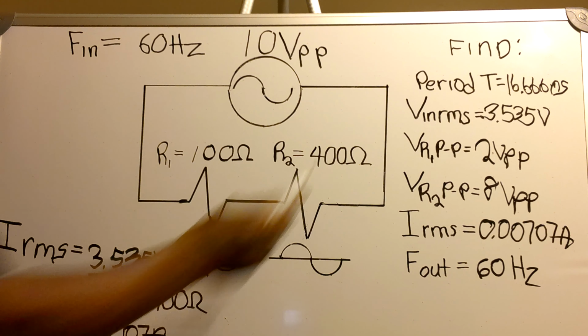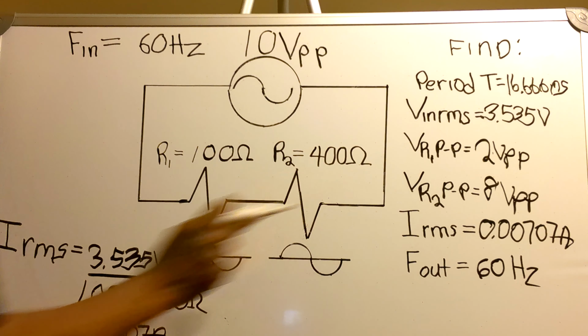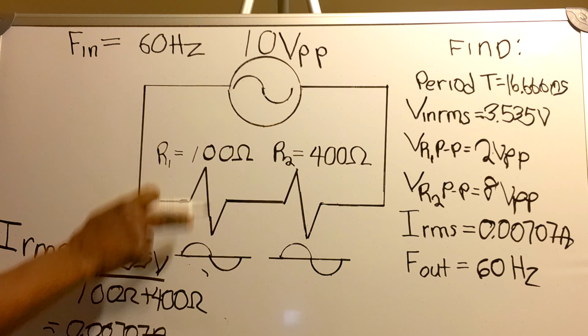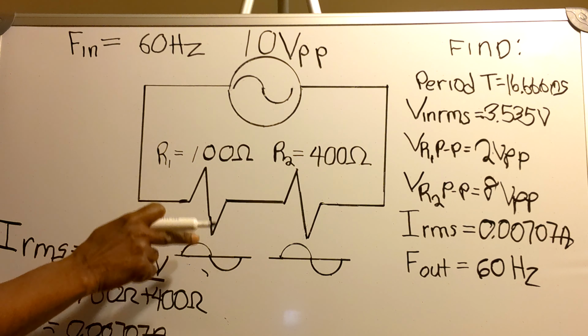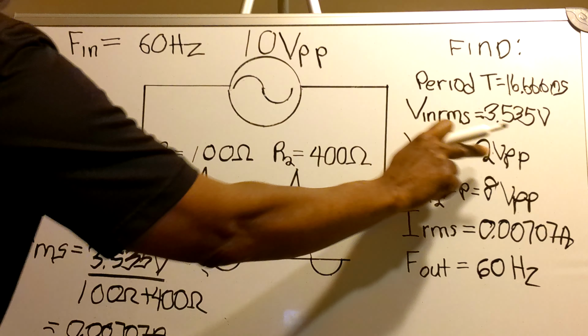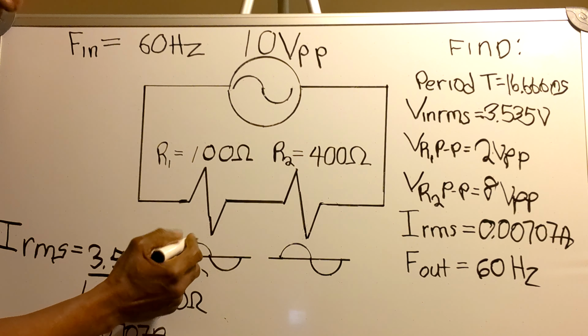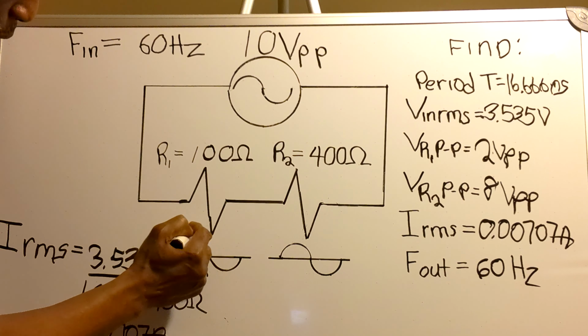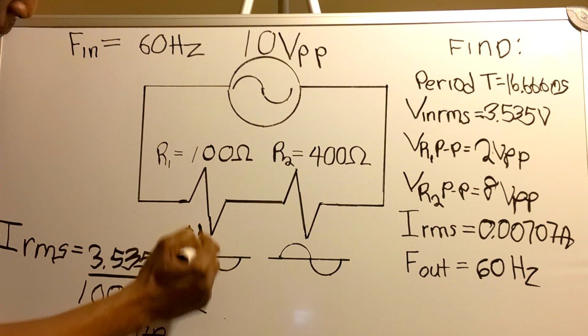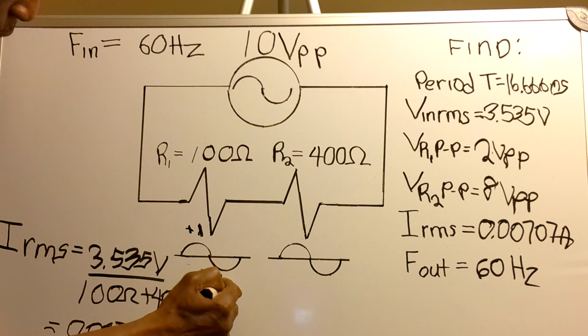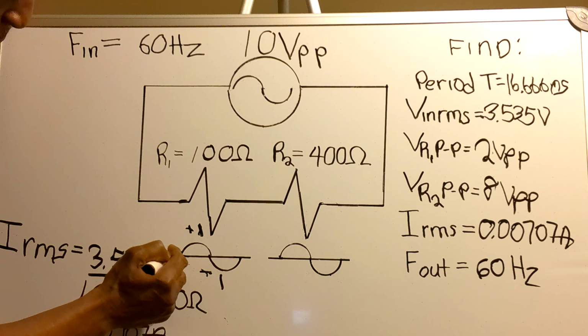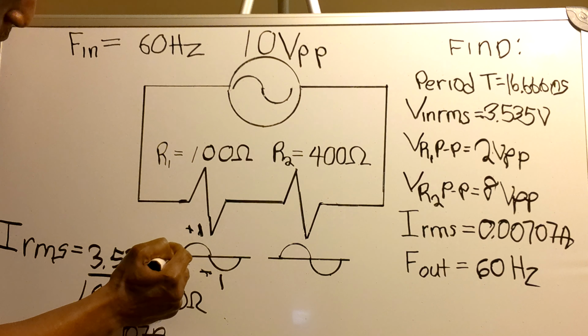Now, this output voltage right here, where the 100 ohm resistor is 2 volt peak to peak. That means there is plus 1 volt here and minus 1 volt here, and this line in the middle represents 0 volts.